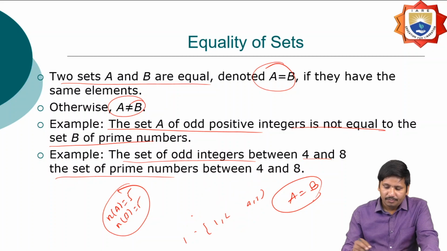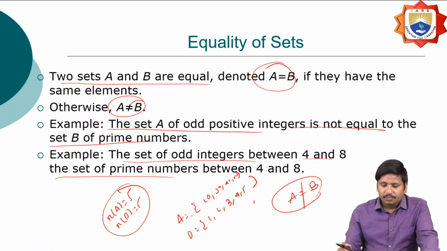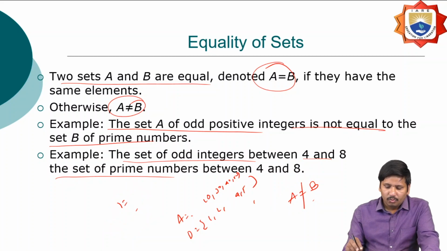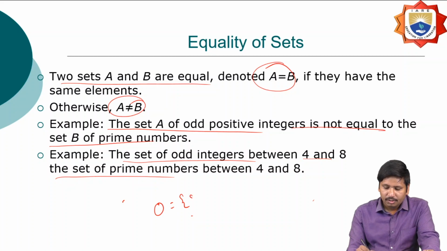Suppose I have a set like A equals {10, 30, 40, 50} and B equals {1, 2, 3, 4, 5}. Then I have to mention that A is not equal to B. In this example, if I take the set of odd integers between 4 and 8, that is 5, 7, and the set of prime numbers 5, 7, I can say both sets are equal.